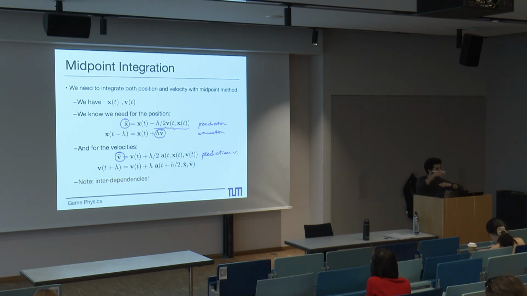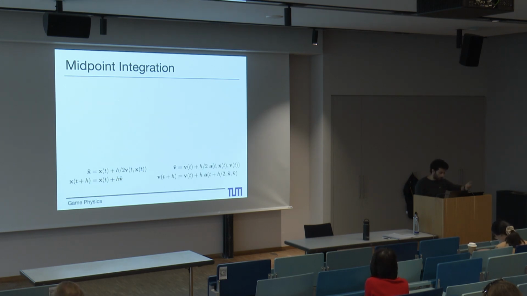So now the two steps are not separate anymore, but we need to consider them in tandem, because we need to use one and the other, and also vice versa. When we are computing the acceleration for the velocity steps, we need x tilde. So at this point we have an interdependency that we need to consider.